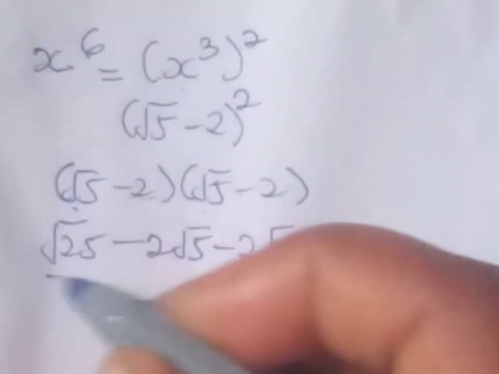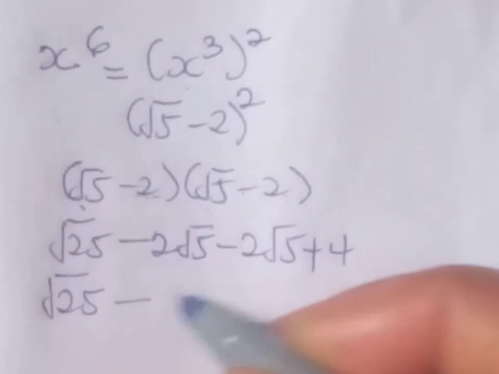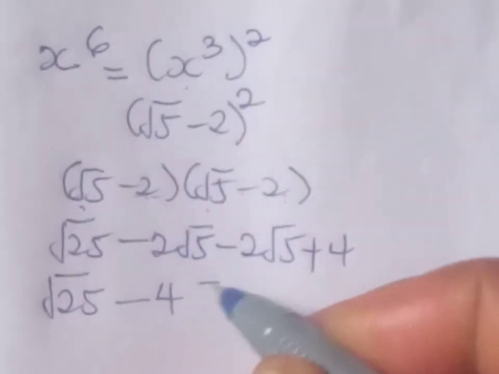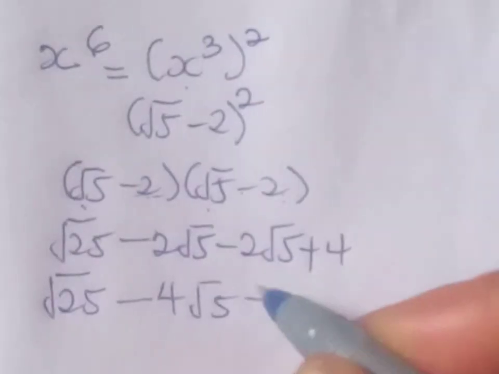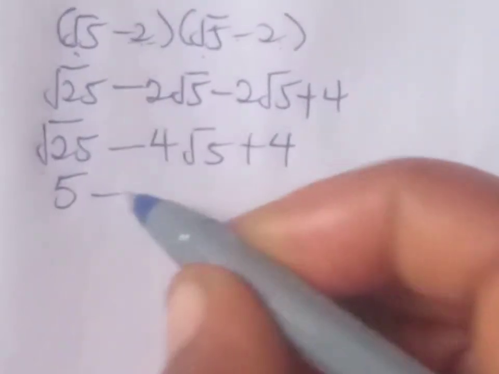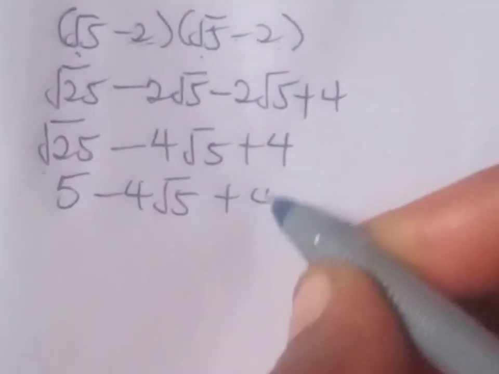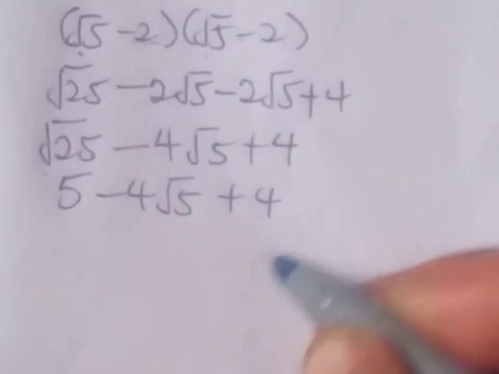So we have root 25 minus 4 root 5 plus 4. Square root of 25 will give us 5. So we have 5 minus 4 root 5 plus 4. Let's rearrange.